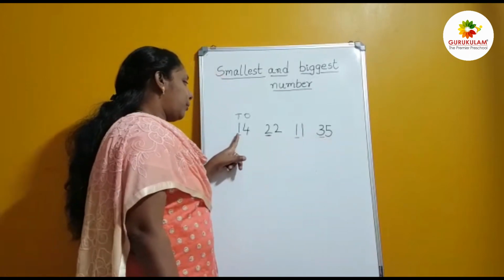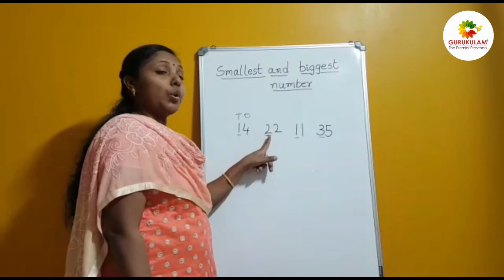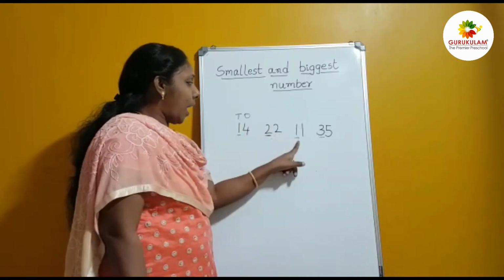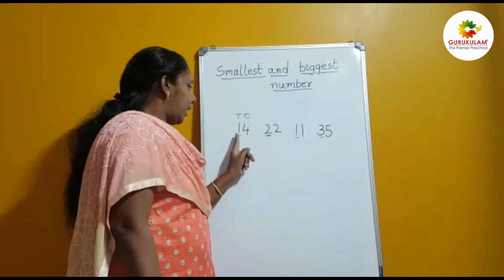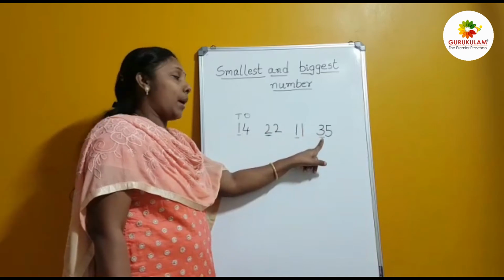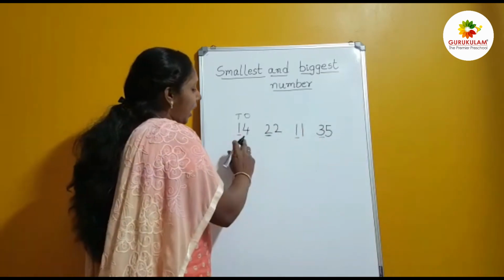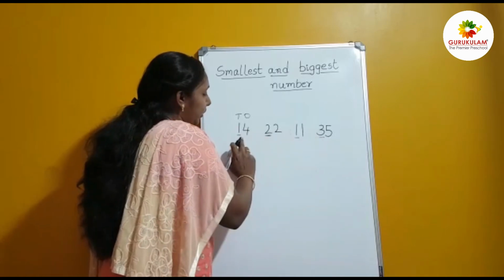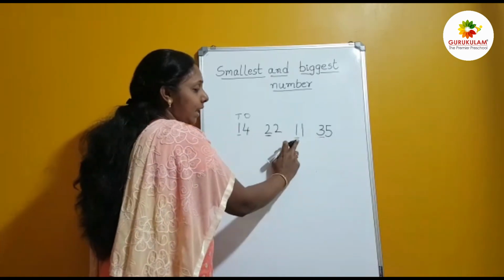So, when we compare 1 with 2, 2 is big. Again when we compare with 1, both are same. Again when we compare 1 with 3, 3 is the bigger number. So, now 2 and 3 are big numbers. So, we have to take 14 and 11.